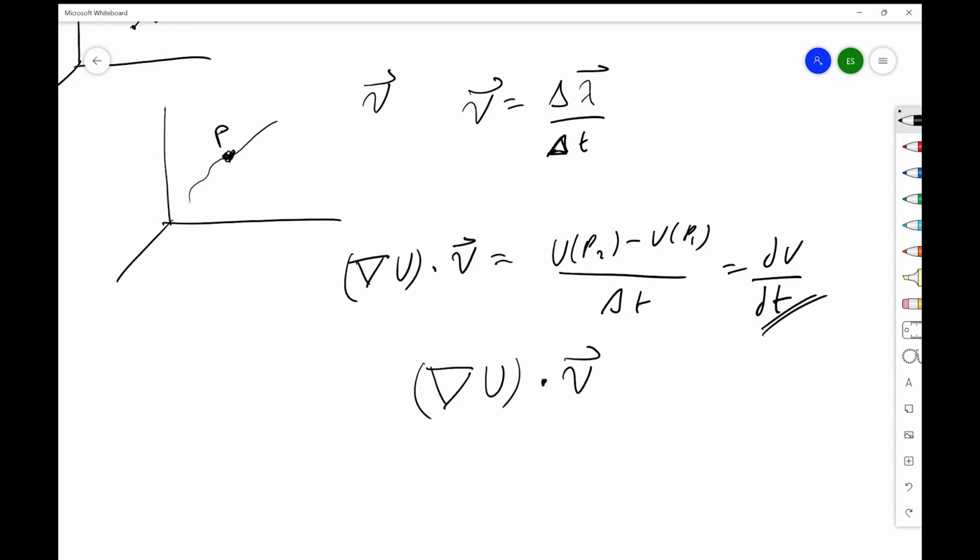If you increase the velocity, you're going to feel a larger change of temperature because you're moving faster. But if you're moving at the same speed and you increase the gradient, you'll also feel a faster change in temperature because the change in temperature is steeper. This is the interpretation of this thing.